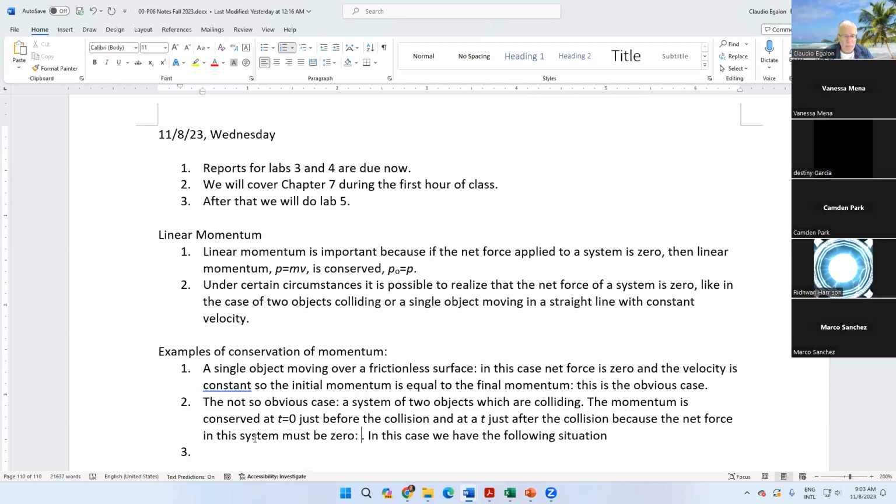In other words, object one is interacting with object two, applying a force F12, the force of one applied to two.